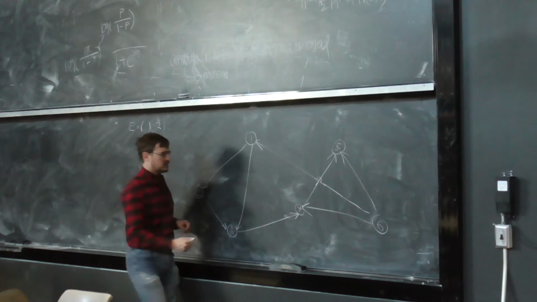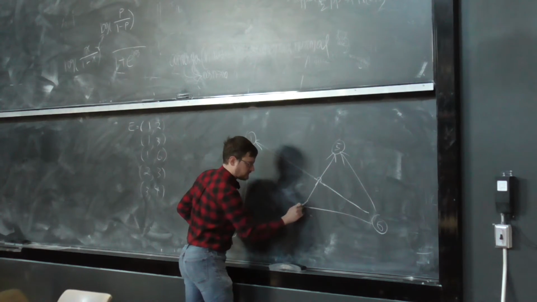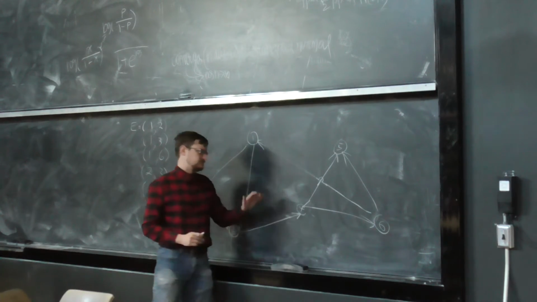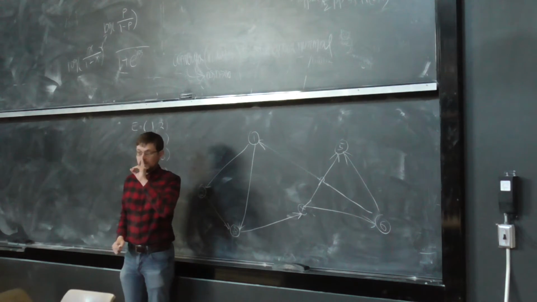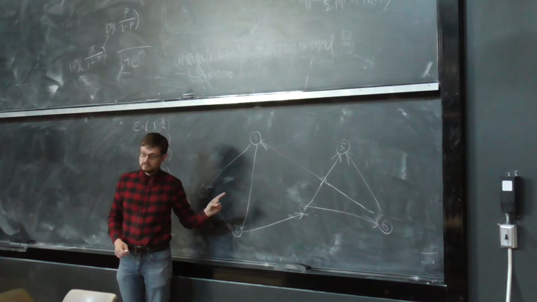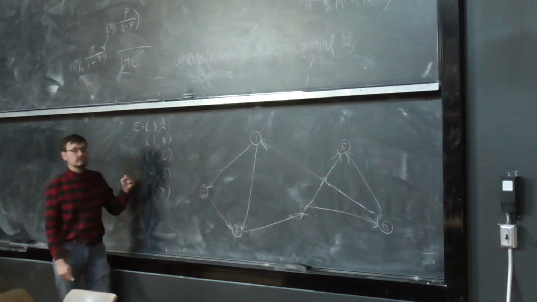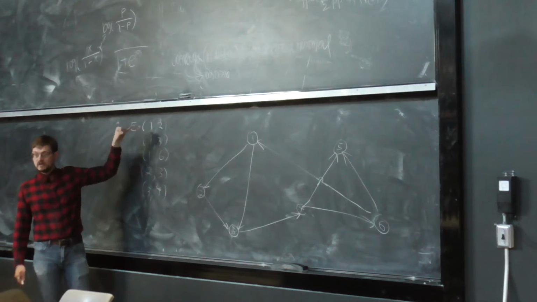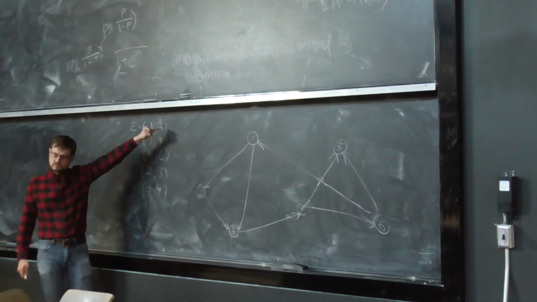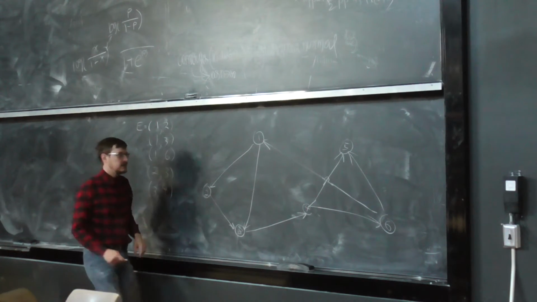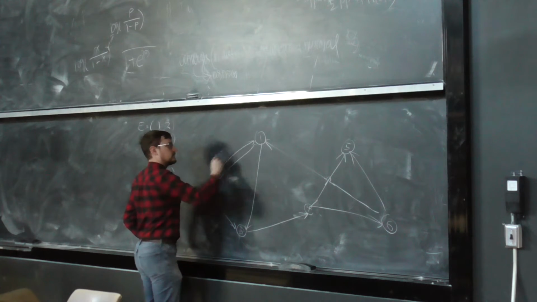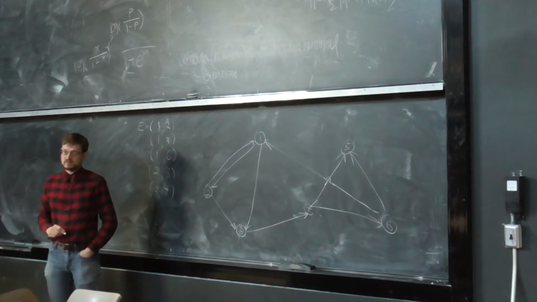I'm going to flip this one just for the purposes of examples. So, if the edges are directed, the way you represent them is from the source to the destination, right? So in that case, it is possible to have two edges connecting the same two vertices.